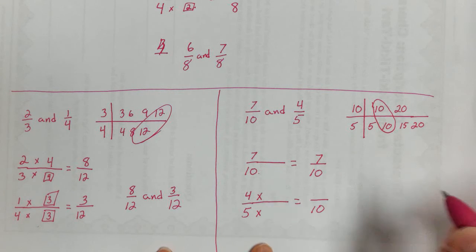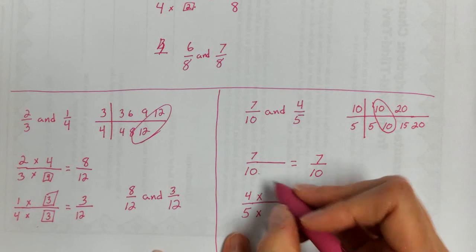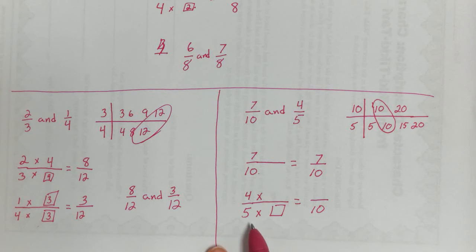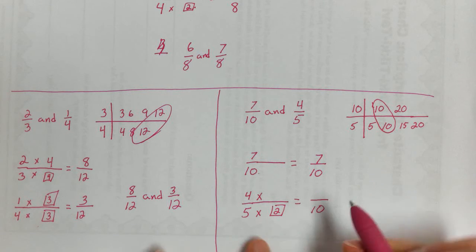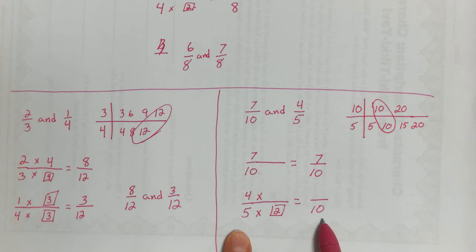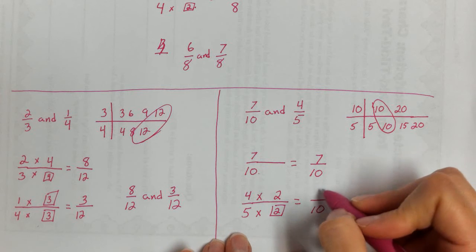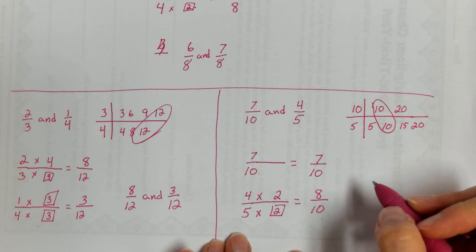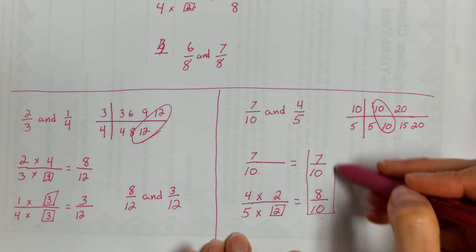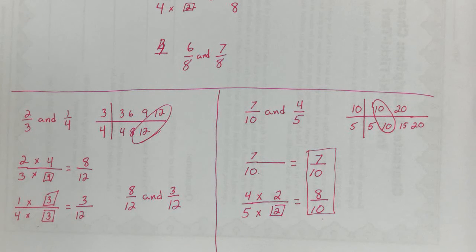Now, I have to do something to 4/5. So now I look, and I think, 5 times what equals 10? 2. So in order to get the denominator of 10, I multiplied the denominator here by 2. To generate an equivalent fraction, I multiply the numerator and the denominator by the same number. So I'm going to multiply my 4 times 2. 4 times 2 is 8. So my 2 fractions are 7/10 and 8/10.